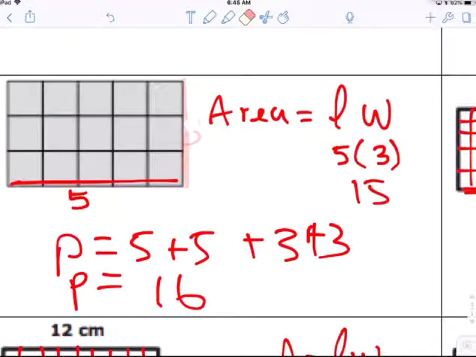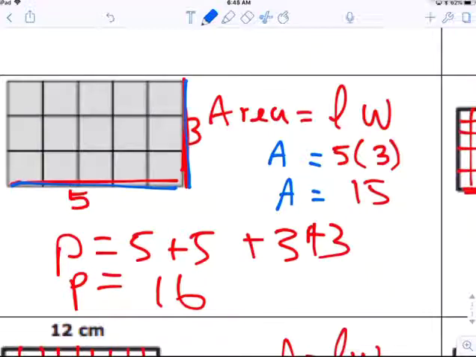So you do 3 feet by 5, so 3 times 5 is 15. You can count, it's 15. For area, they put A, like that.